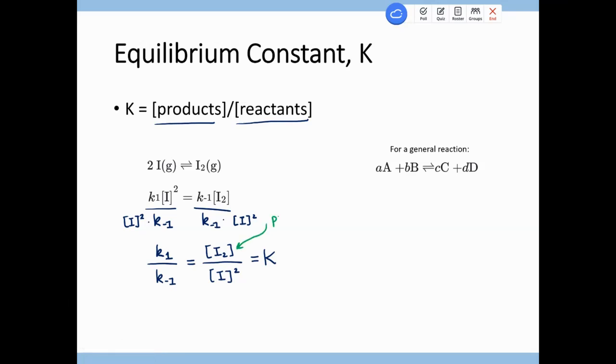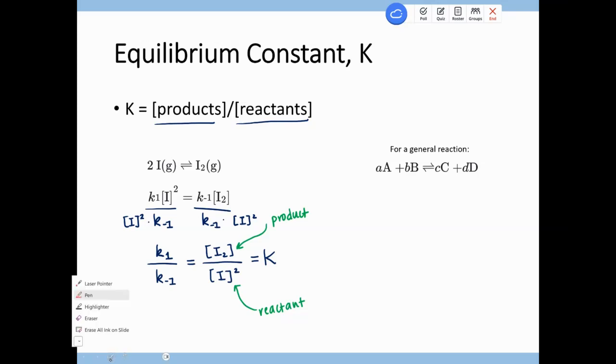So here we have product, reactant, based on the way that the equilibrium reaction is written on the slide. So I2 is the product, iodine is the reactant. Notice that the coefficient is now an exponent in that K equation. That will be the case for all other equilibrium reactions.